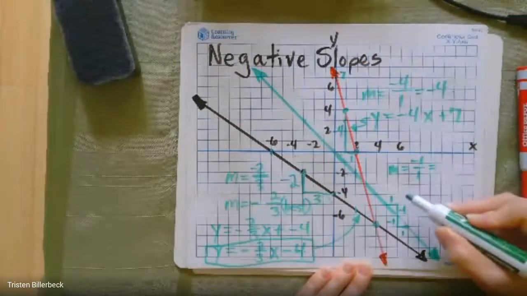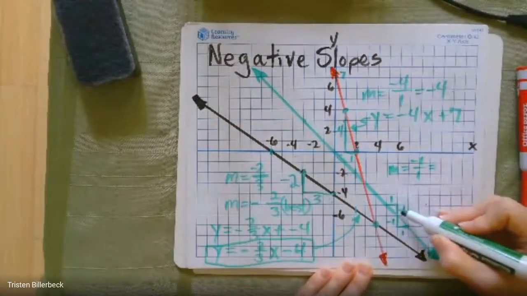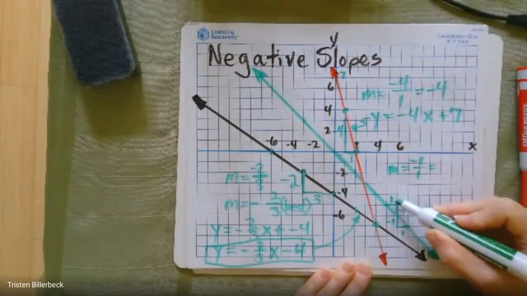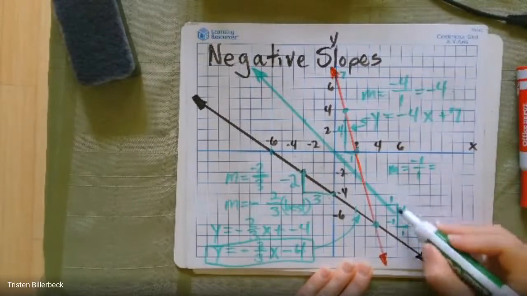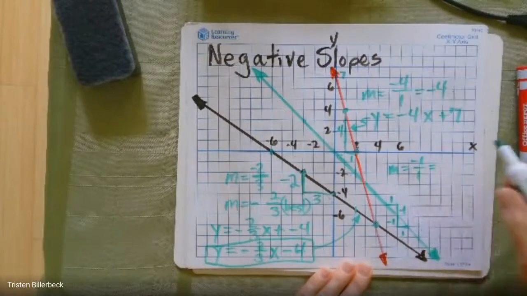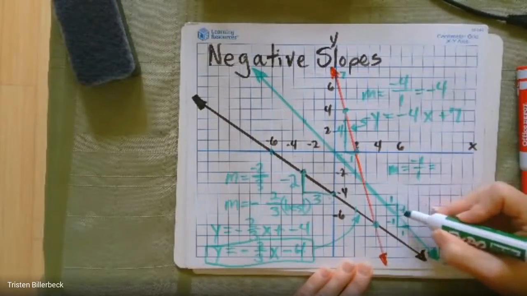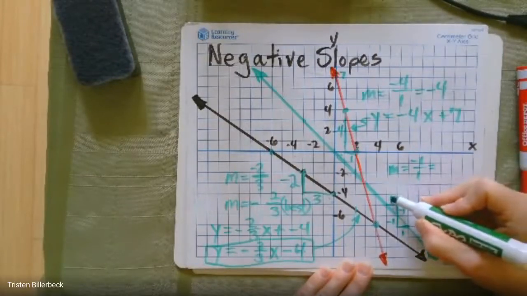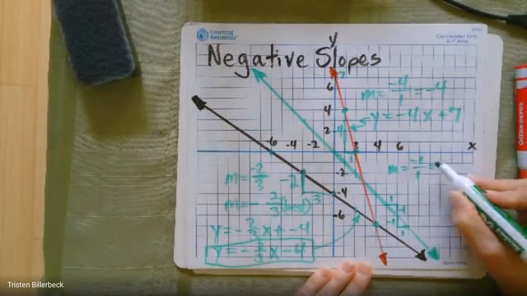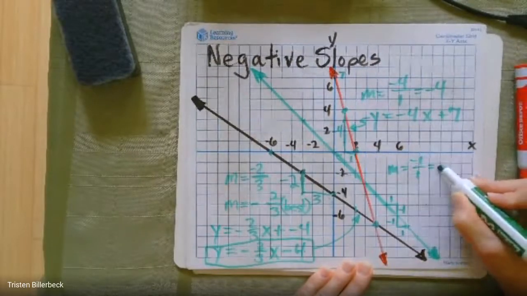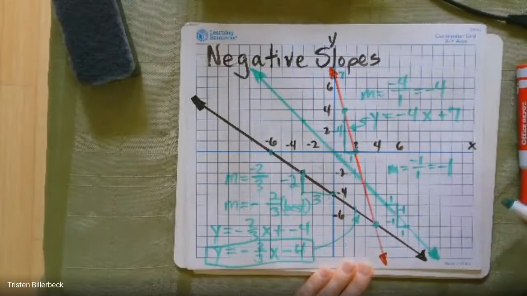And that's the same thing as a rise of -1 here and a run of a positive 1 here. So it's the same thing with the slope triangle. You just have to keep track that this is the rise and that's the run. So -1 divided by 1 is just -1.